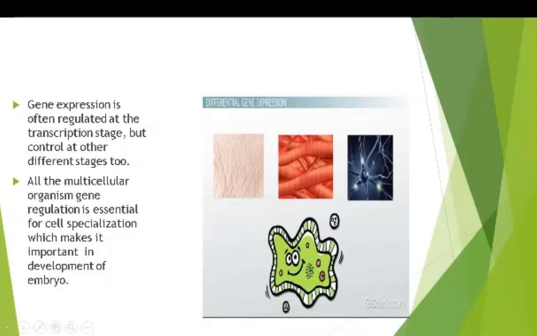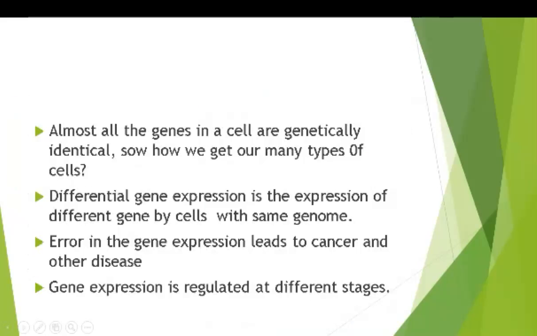Multicellular eukaryotes also develop and maintain various types of cells, like eye cells, brain cells, tongue cells, cardiac cells. They all have different functions, and they perform them due to differential gene expression.